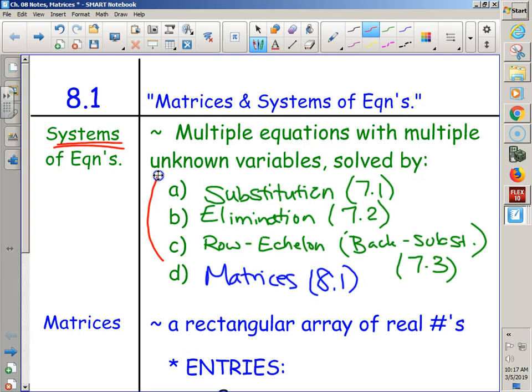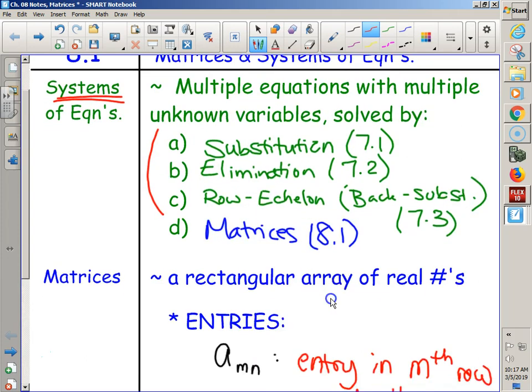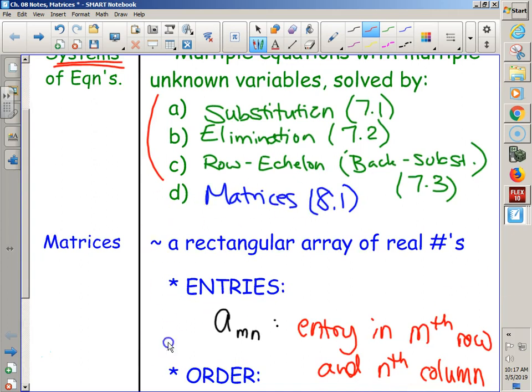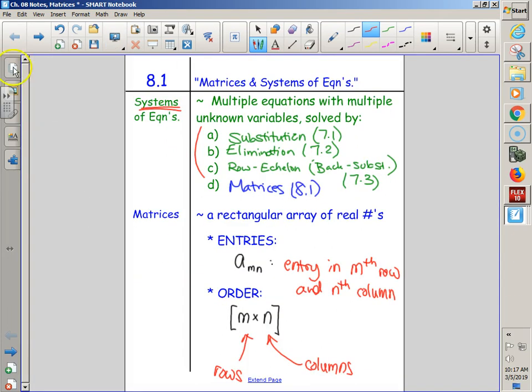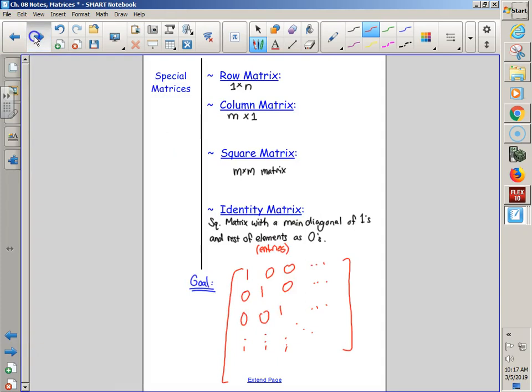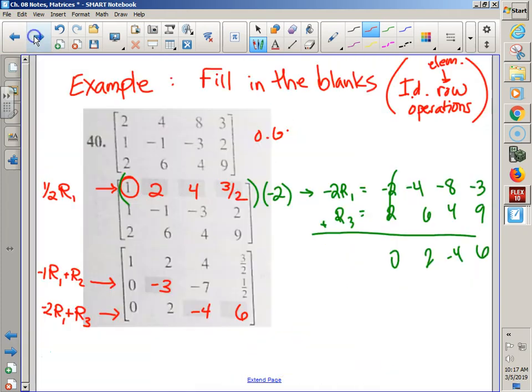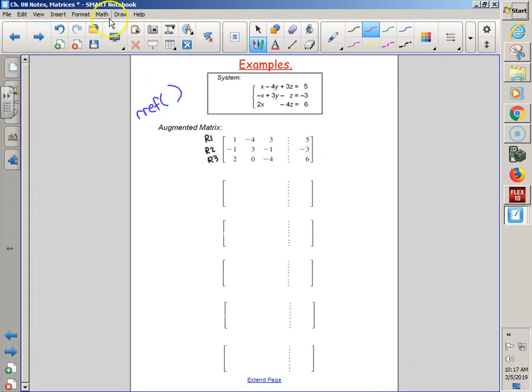Eliminate x, row 2, row 3. Eliminate y, row 4, row 5. Eliminate z. Then back substitute, z up, and then z and y up. That was row echelon form from section 7.3. Matrices say, whoa, whoa, whoa, whoa. We can make this so much more organized and in a way that a computer program can understand. So we're going to tackle this guy.